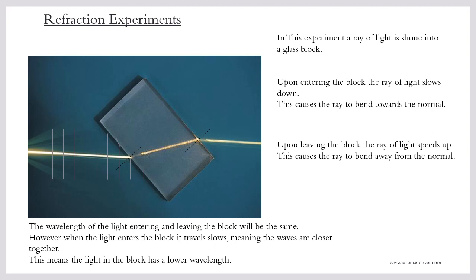The frequency of the light entering the block and leaving the block is the same. However, when the light enters the block, it travels slower, meaning that the waves are closer together within the block. This means that the light inside the block has a lower wavelength than the light traveling in the air.